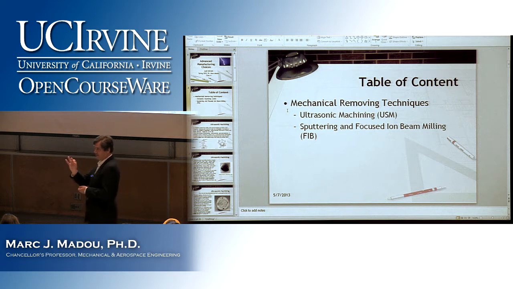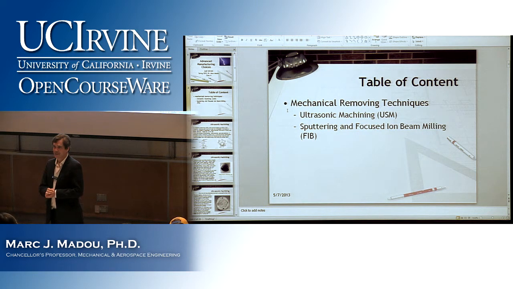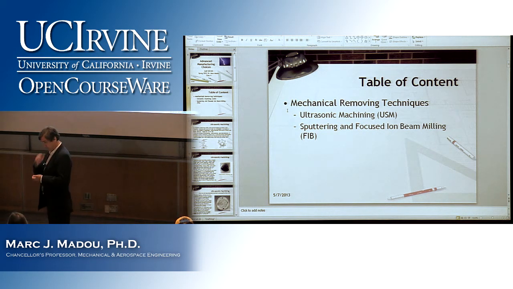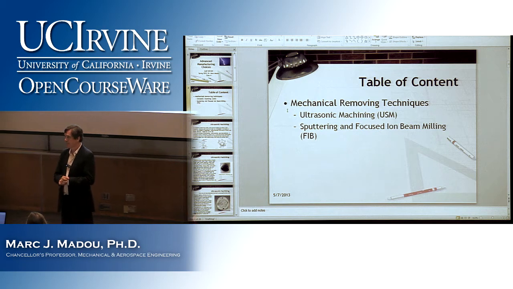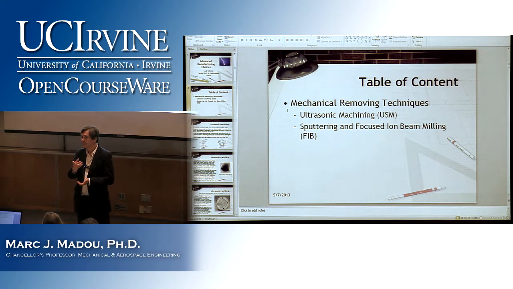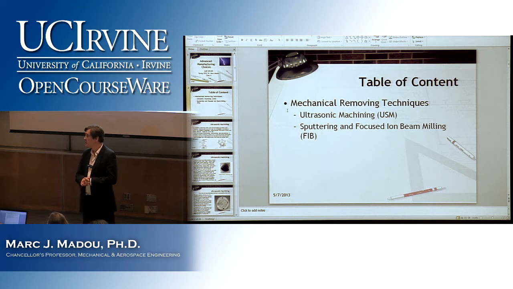Ultrasonic works with abrasive particles, maybe 5 microns or so in size, and focused ion beam and sputtering works with what particles are involved? Do you remember? Ions, right? And mostly in the case of sputtering, what ion? Usually argon, argon plus. And in the case of focused ion beam milling, gallium ion. Right?